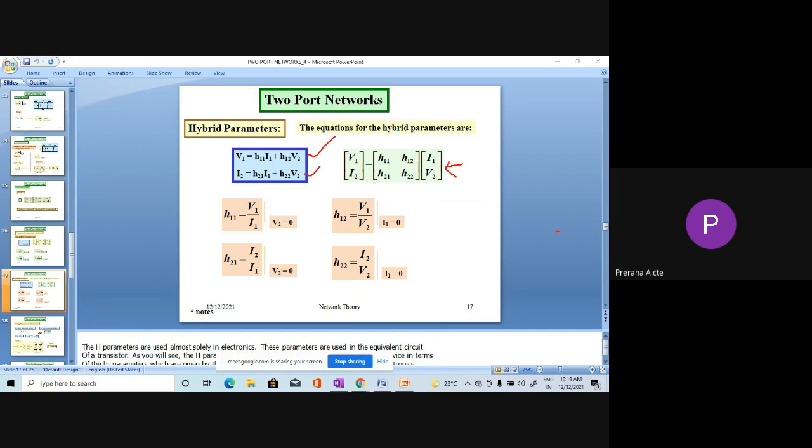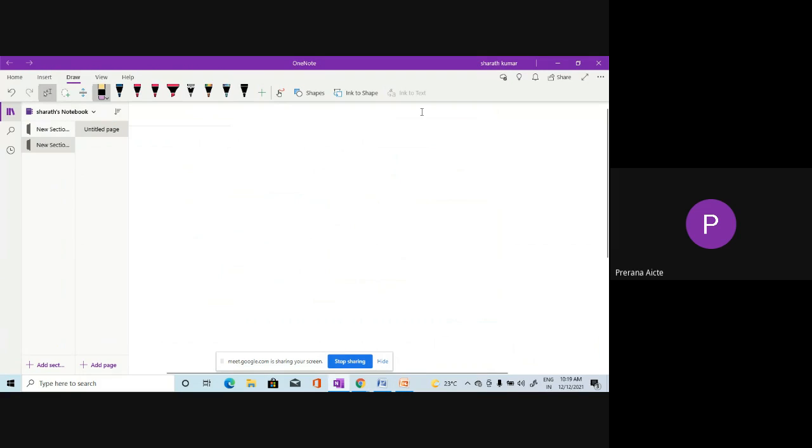Just take a problem with respect to these H parameters. For the same network, we are also going to calculate the ABCD parameters. This is GATE 2011, one of the questions they asked in the examination.